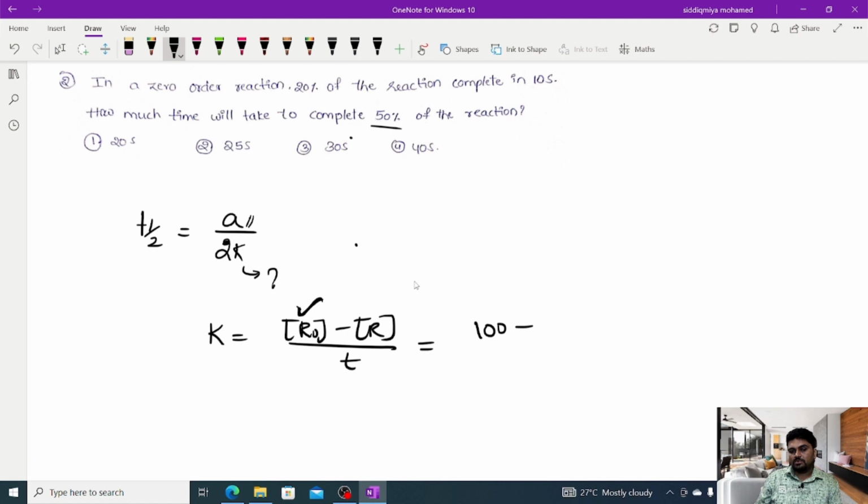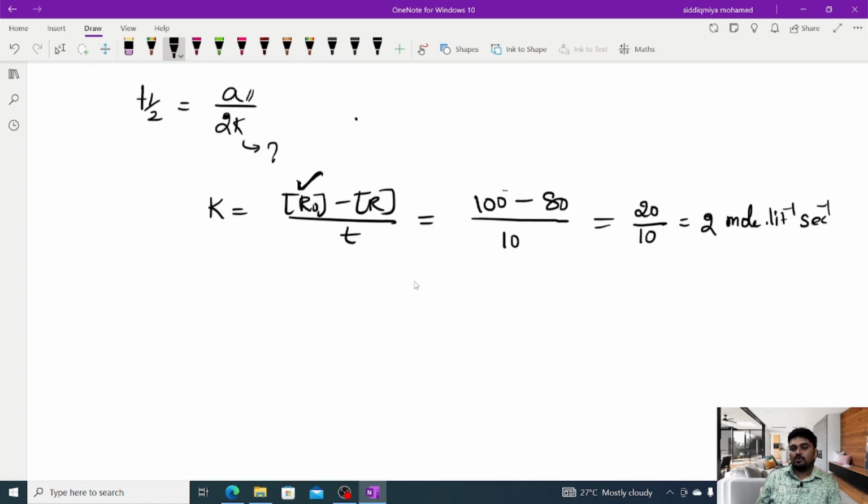Initial concentration R0 is 100, R, the final concentration, is 80, since 20 is complete and 80 remains, by time taken, which is 10. So K you will get as 20 by 10, which is 2. The K units are mole liter inverse second inverse.